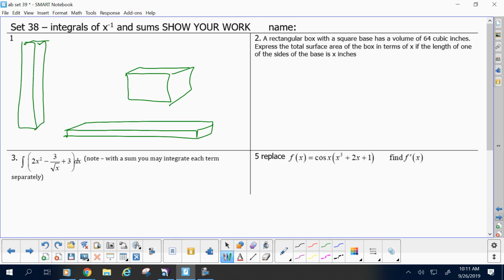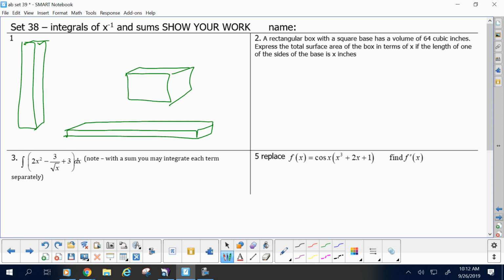All those could hold 64 cubic inches, and yet they'd all have different amounts of surface area required to make the box, yeah? Because they have a different surface area, the cost of this might be a heck of a lot more cardboard than this one.